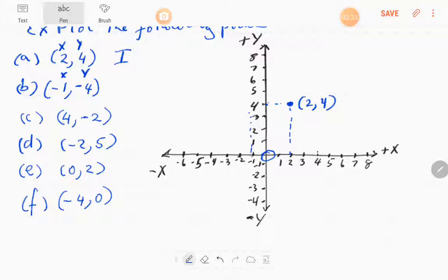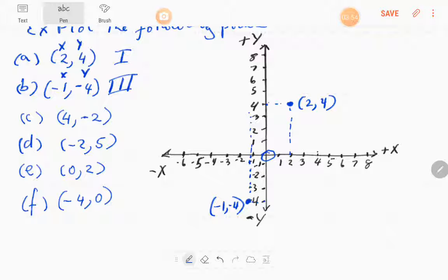No, sorry, we go down because we're going to -4. So go down and then come across from the -4, and where they intersect would be the point -1, -4. So this lands in the third quadrant.